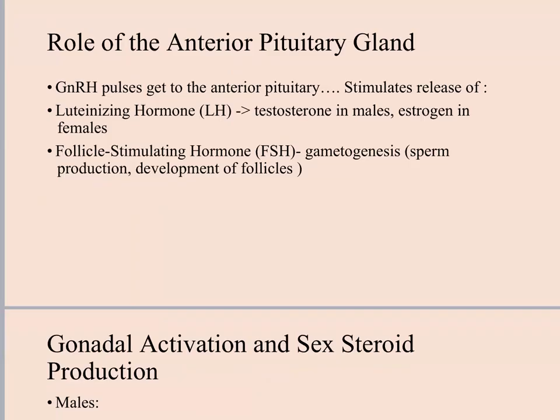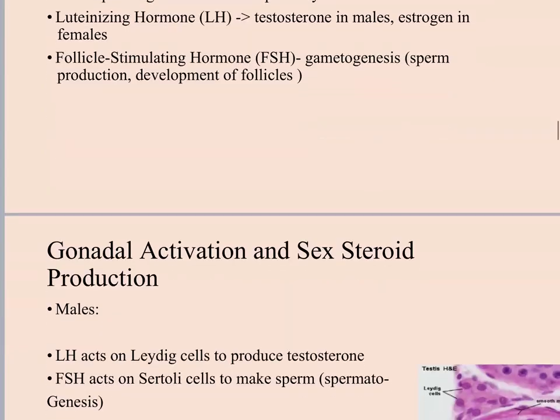So that gonadotropin releasing hormone pulses, and those little pulses get to the anterior pituitary, which stimulates release of luteinizing hormone, which is going to help produce testosterone in males, but in females, it's going to be estrogen, and follicle stimulating hormone, which brings about gametogenesis, so sperm production and development of follicles. And follicles are basically the little sacs in the ovaries that contain eggs.